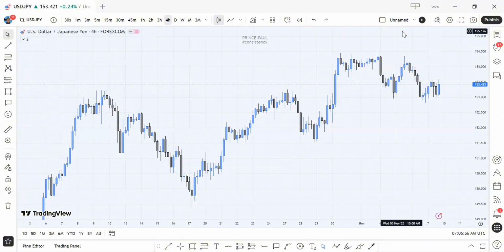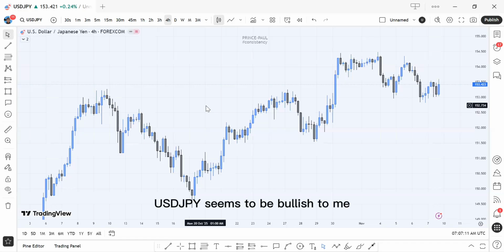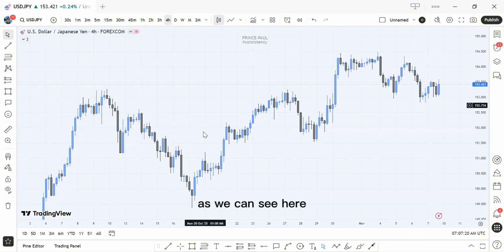So on my screen we have USDJPY on the 4-hour time frame. And from what I'm seeing on the chart right now, USDJPY seems to be bullish to me. So we are going to mark the breaks of structure and market structure basically, as we can see here.